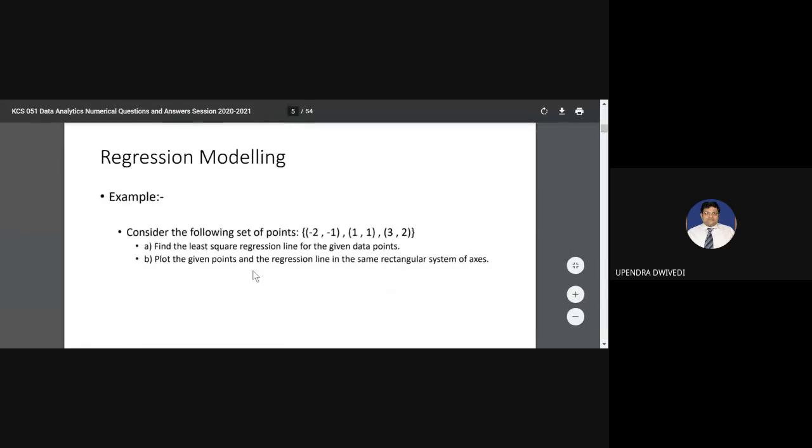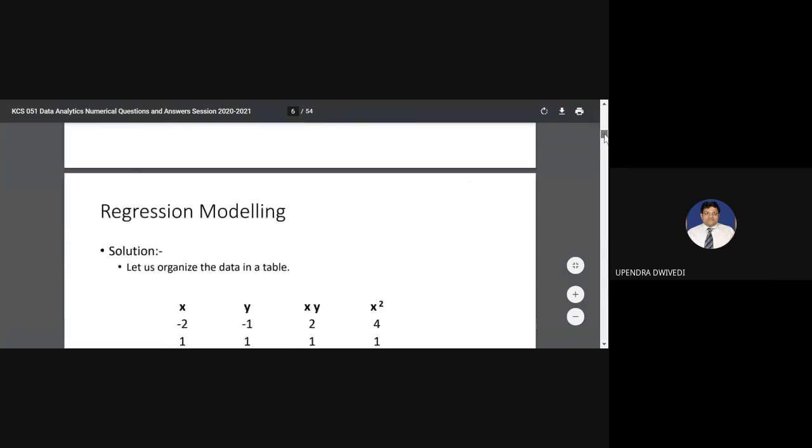Our given data points are -2, -1, 1, 1, 3, 2. We put those data points in our program model, and then we're trying to find the least squares regression line. That regression line must satisfy these data.